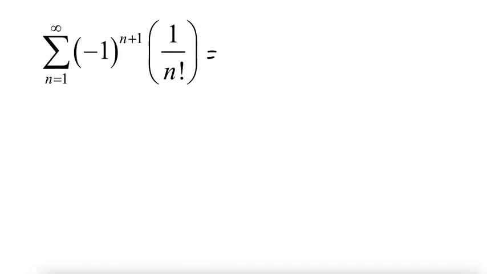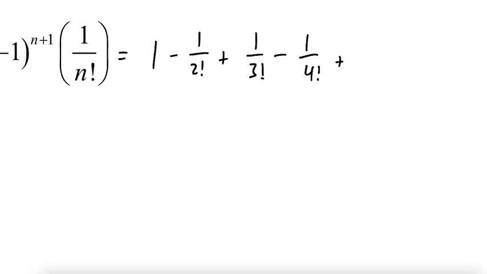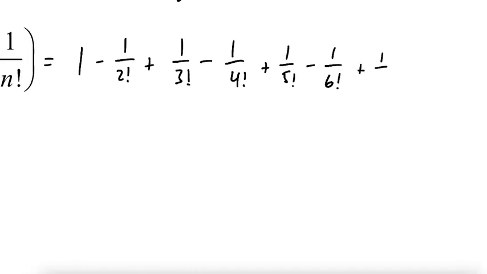This series is equal to 1 minus 1 over 2 plus 1 over 3 minus 1 over 4 plus 1 over 5 minus 1 over 6 plus 1 over 7, so on and so forth.